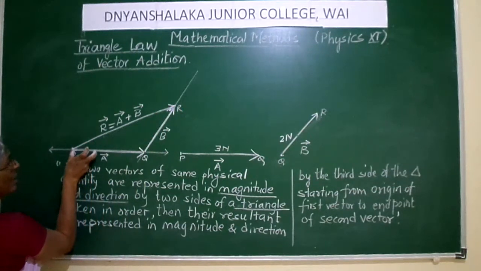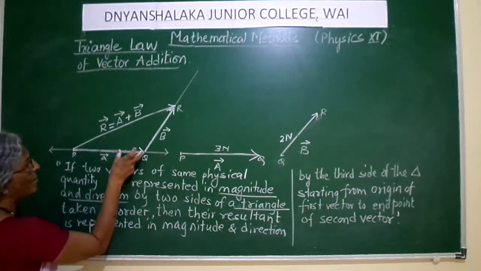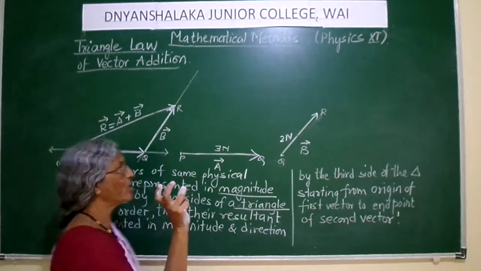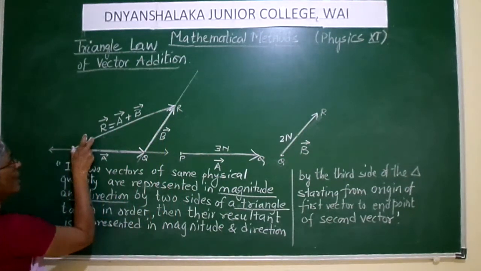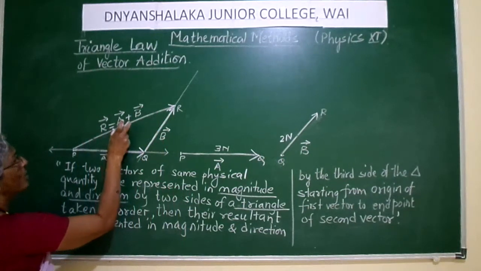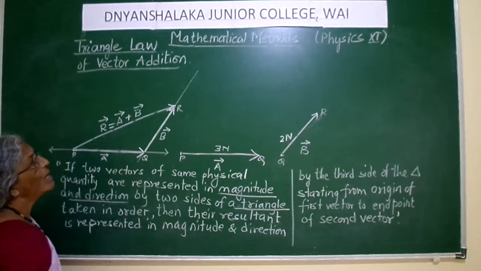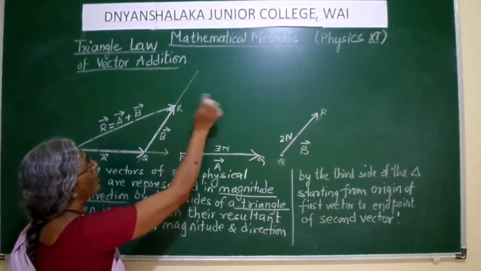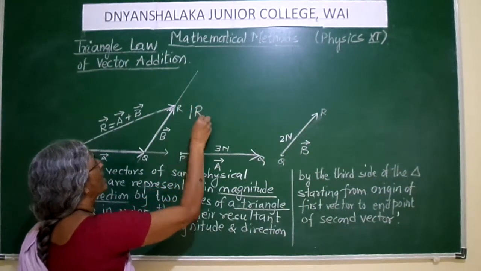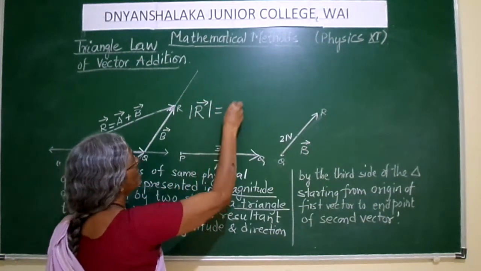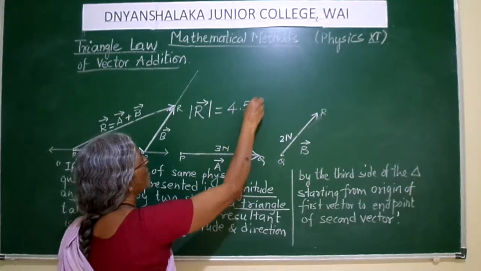Say for the instant I am measuring it because I have taken this size as 1 unit. So let me measure this. See here, 1 unit, 2 units, 3 units, 4 units and something. Say I am getting it as 4.5 or so. Then I will write the magnitude of this resultant vector is 4.5 newtons.